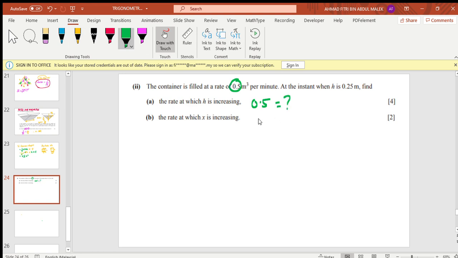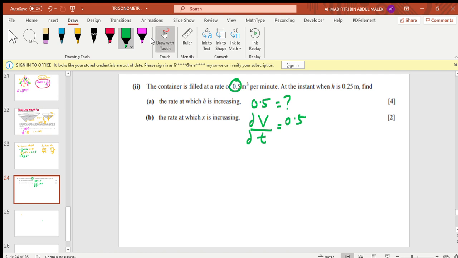Look at the unit there. We're talking about rate and the unit is meter cubed per minute. Meter cubed refers to volume and minute refers to time. Because we're talking about rate, dV over dt is 0.5.